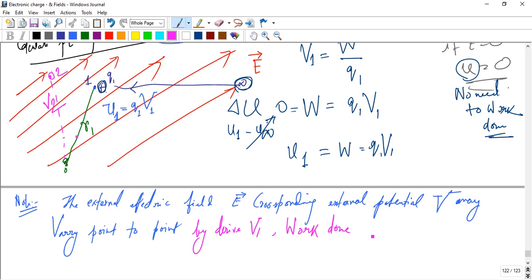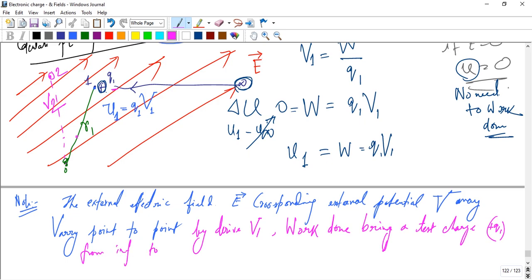Okay, bring a test charge, a test charge plus Q1, from infinity to point 1.